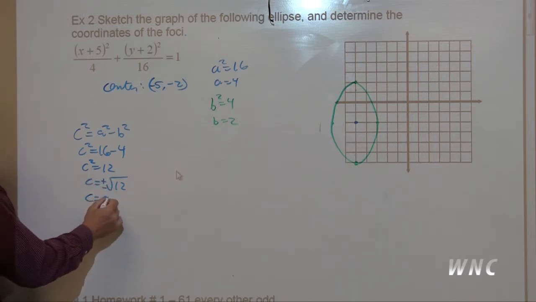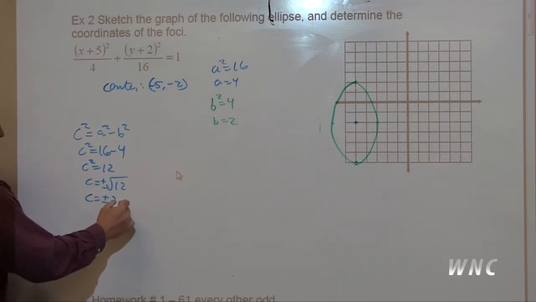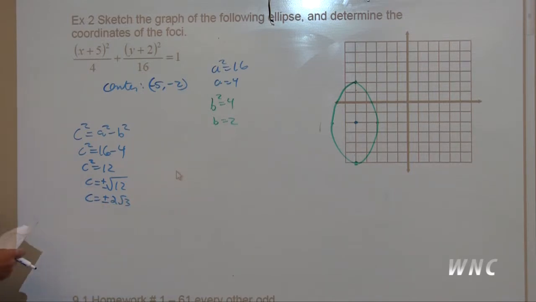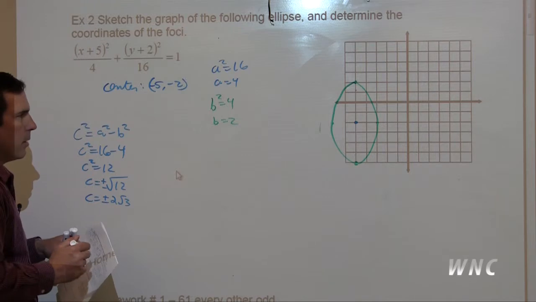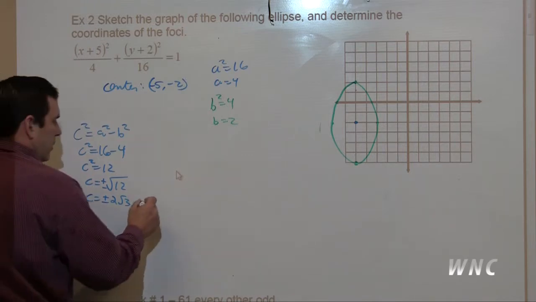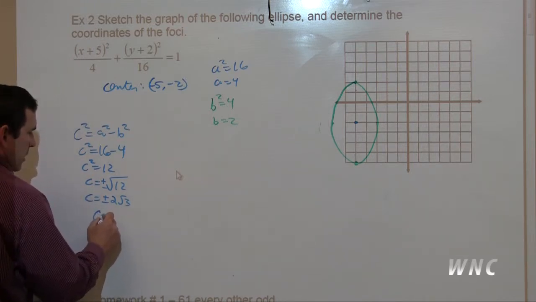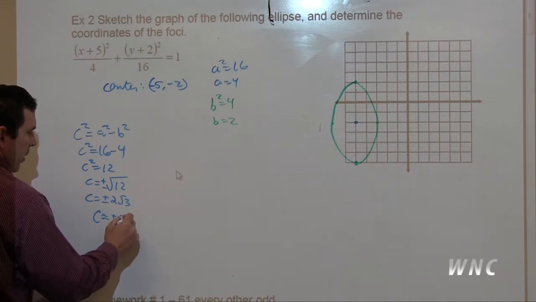So c is plus or minus 2 times the square root of 3. And that's about 3.4. So c is approximately plus or minus 3.4.